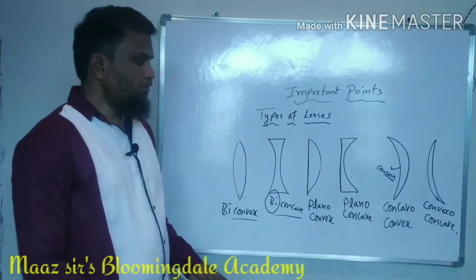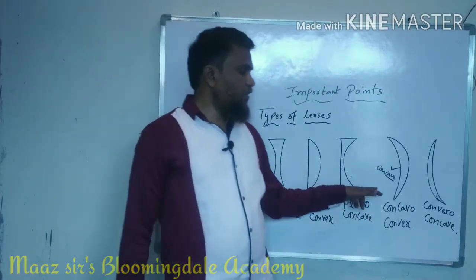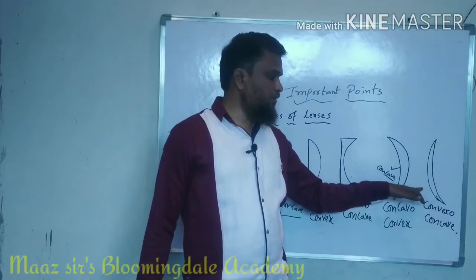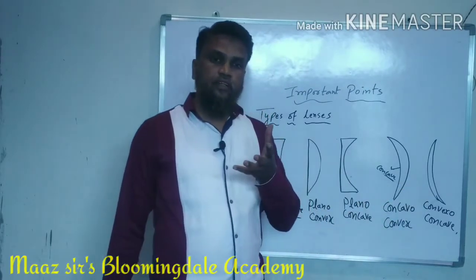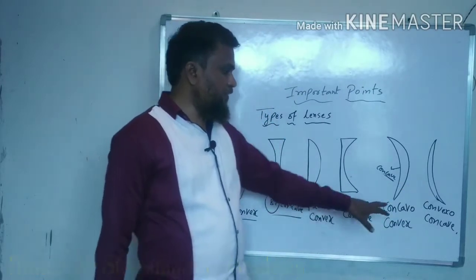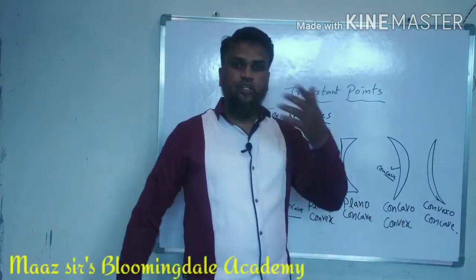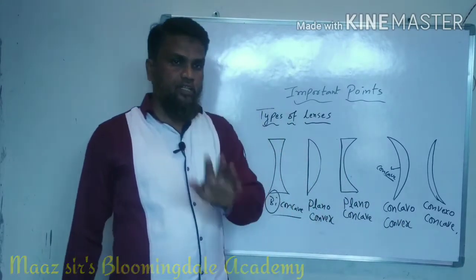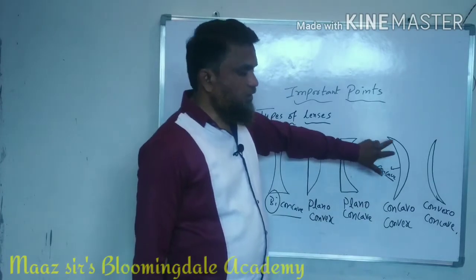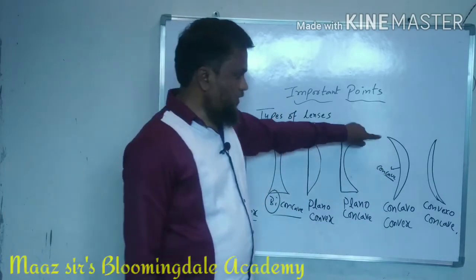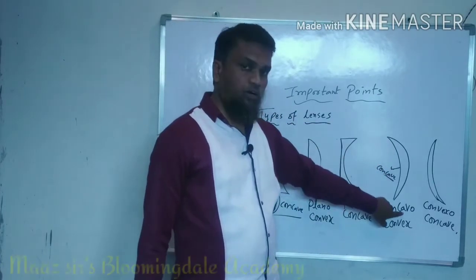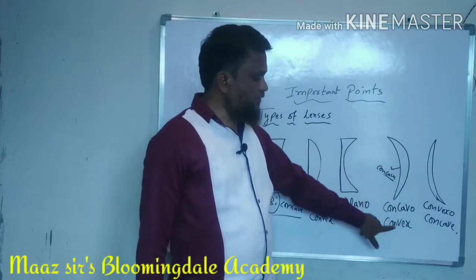Is it clear? Some of the students have asked me in the comments: what is the difference between convexo concave and concavo convex? How to understand? The important thing is that first you have to write the name of the first surface. So it is concave, that's why concavo, and the second surface is convex.